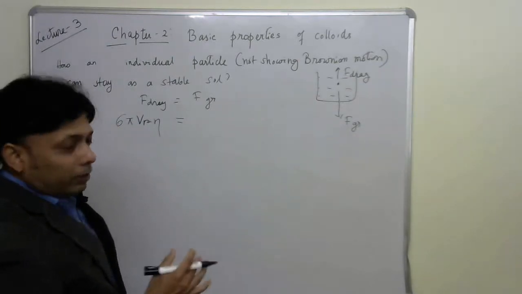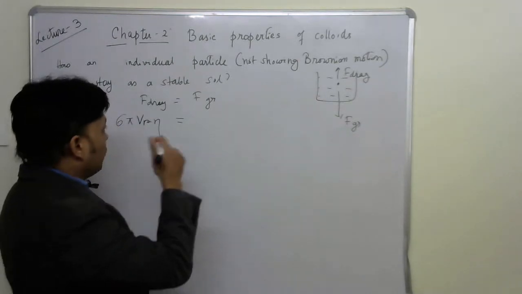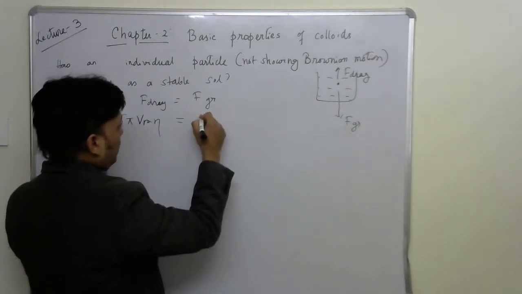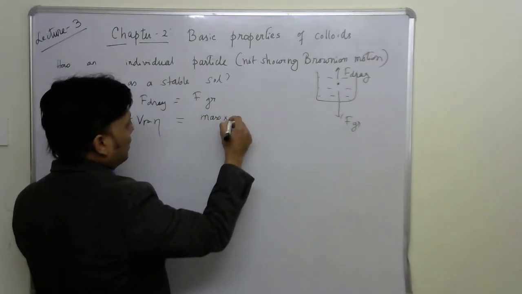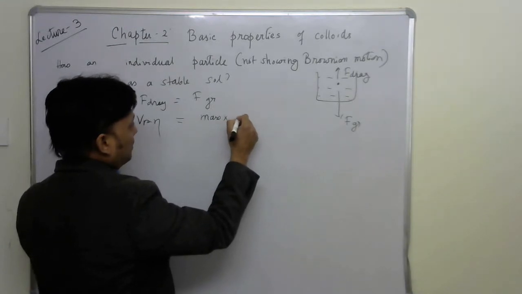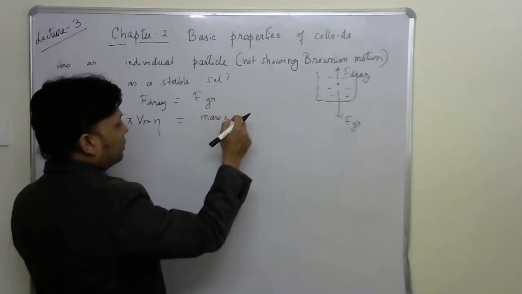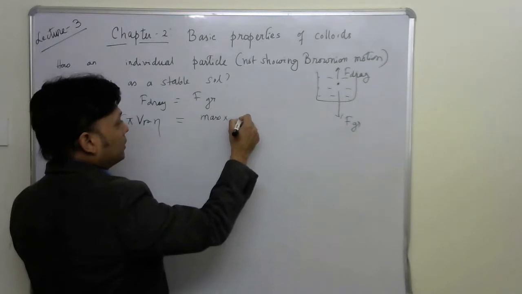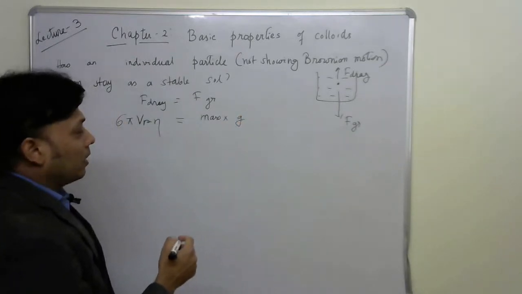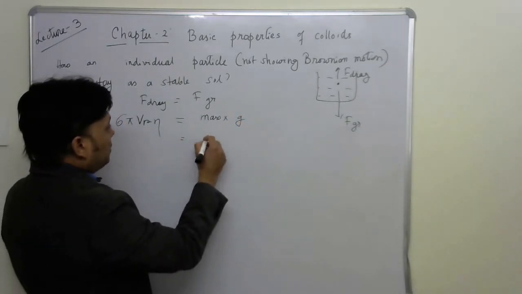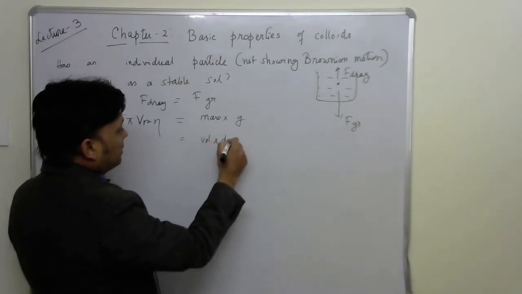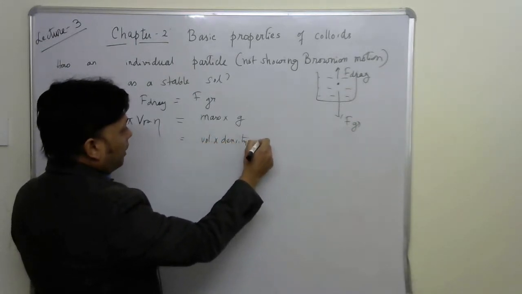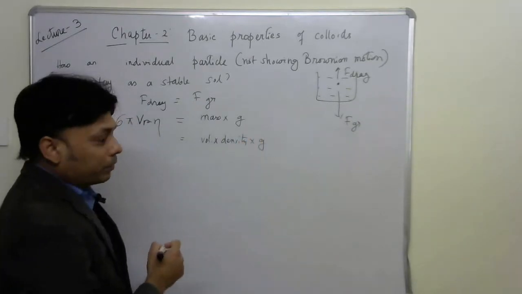So how to define gravitational force? So gravitational force, or any force rather, is mass times acceleration. So here acceleration is acceleration due to gravity, so that means mass times g, and here mass means volume multiplied by density and multiplied by gravitational pull.